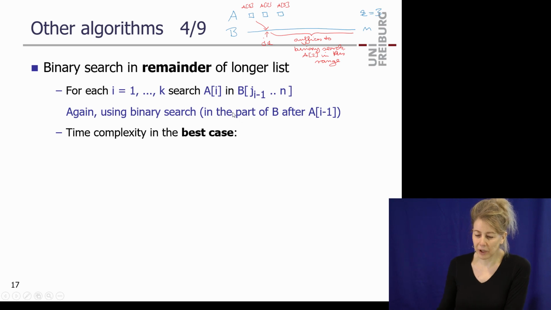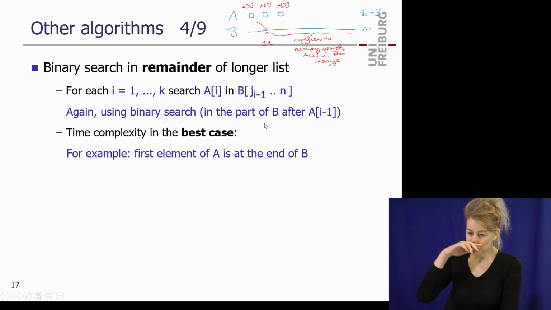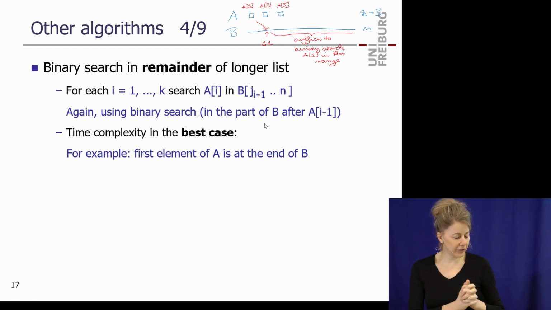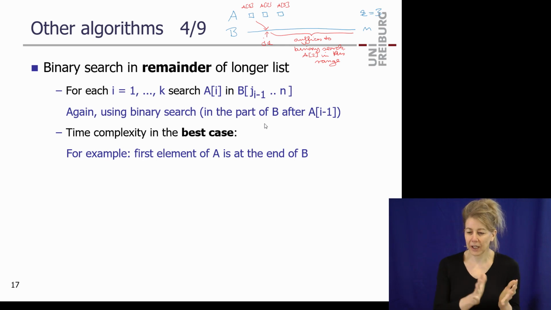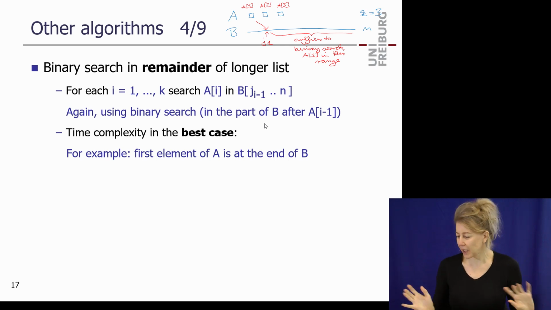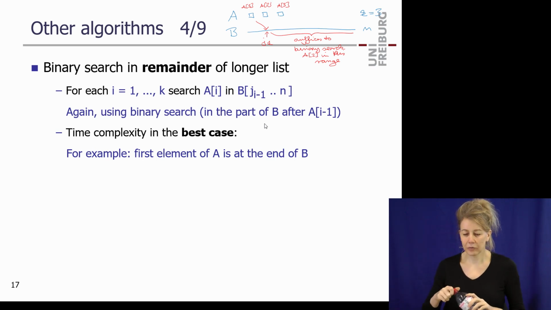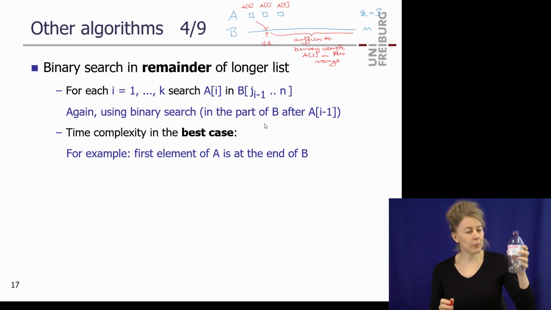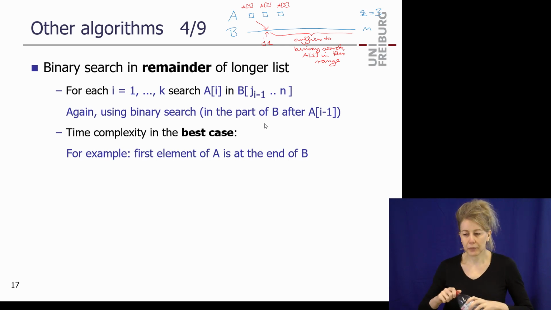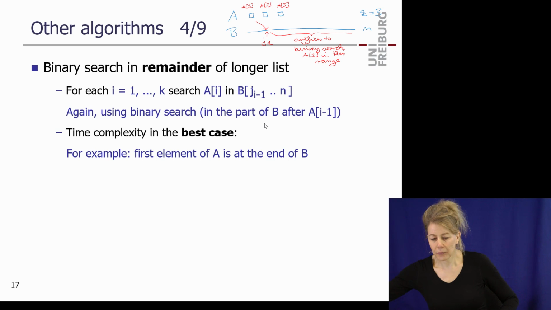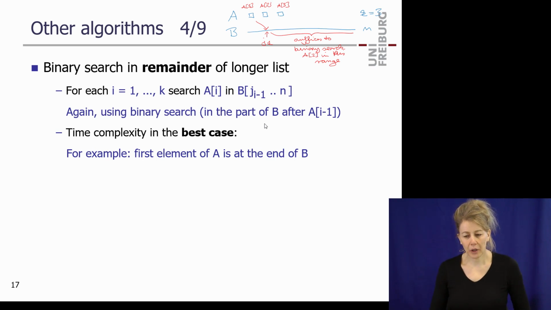What's the time complexity in the best case? You have k elements, and I want something with k and n. If you think about it for a little bit. We need k steps. In the best case, we find them luckily from the first try.